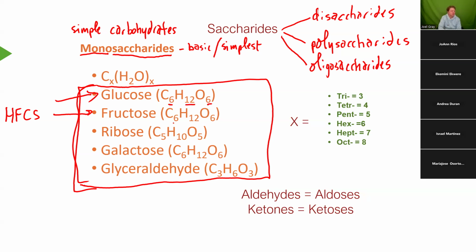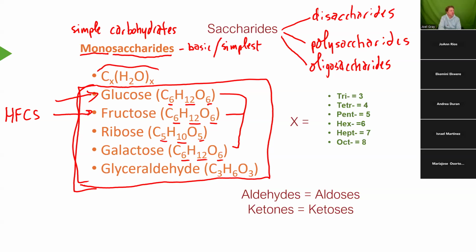Fructose, 6, 12, 6. Ribose, 5, 10, 5. Galactose, 6, 12, 6. So if we look at glucose, fructose, and galactose, those are also isomers of one another. So we've got multiple different ways that the atoms that make up these can vary a little bit. And Stanley, you're absolutely right. They have a ratio of 1 to 1.